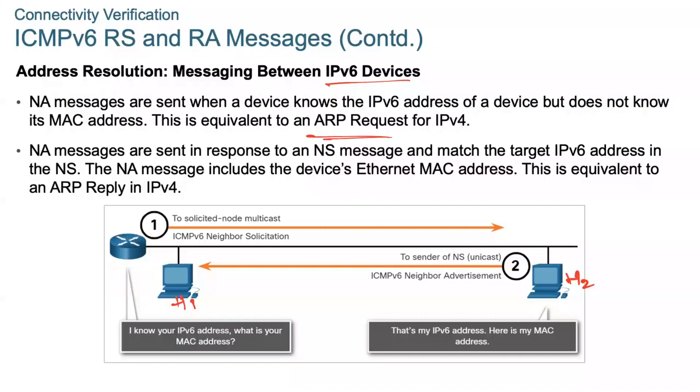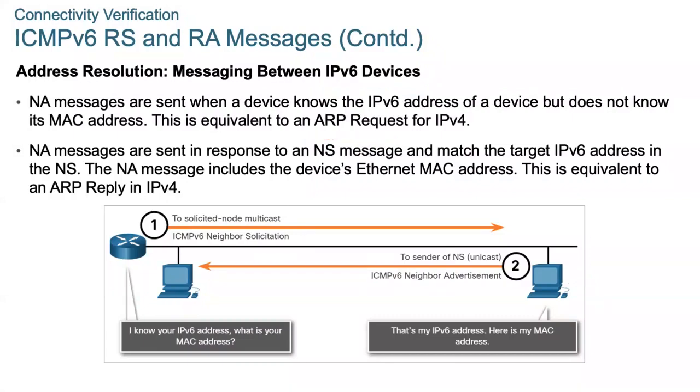They first take the IP address, and based on the IP address, they create one packet, the neighbor solicitation packet, and send it to the end device in the same network.